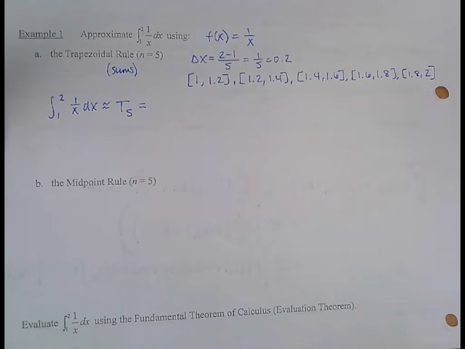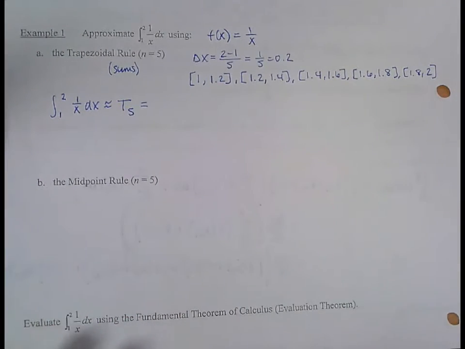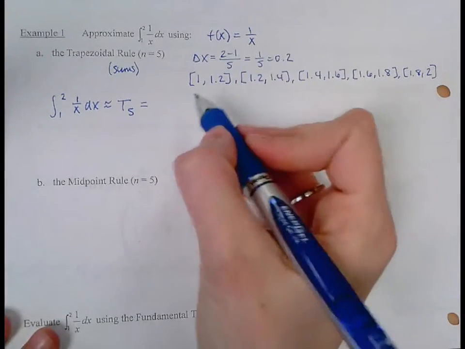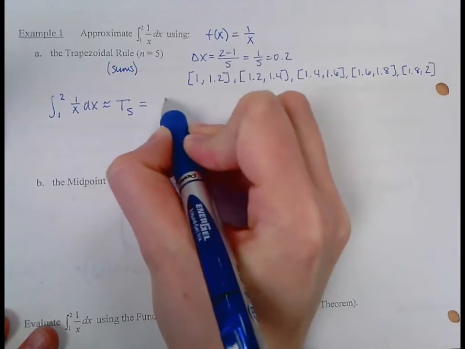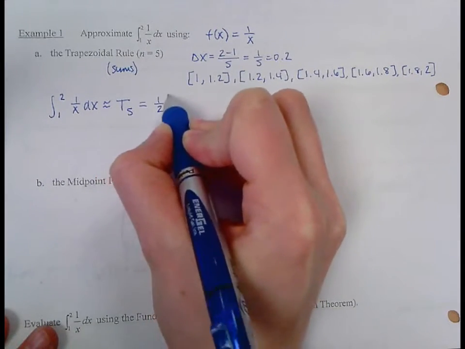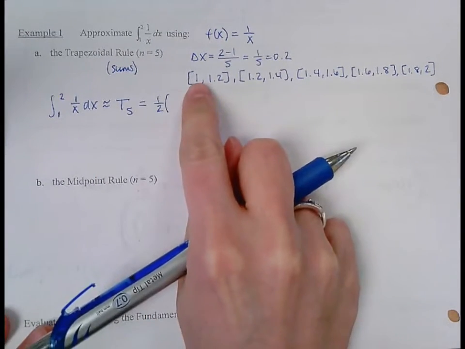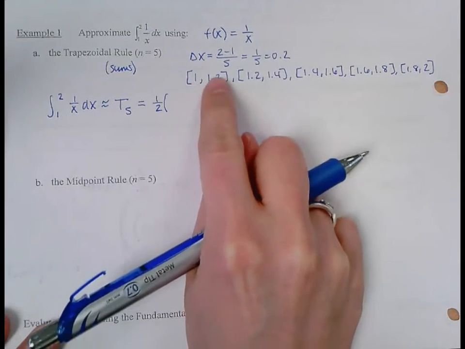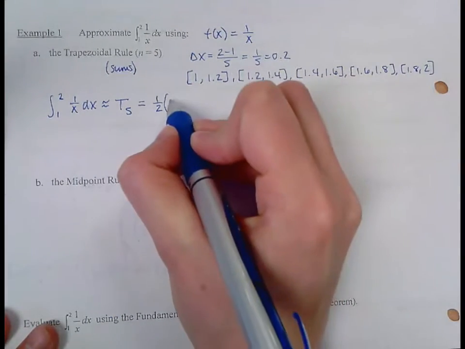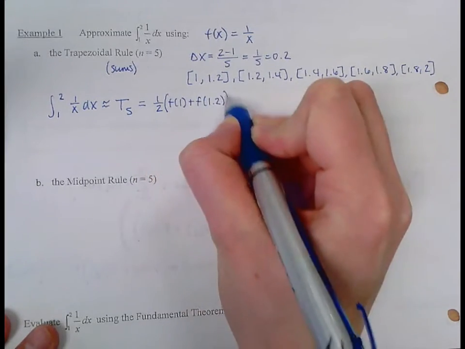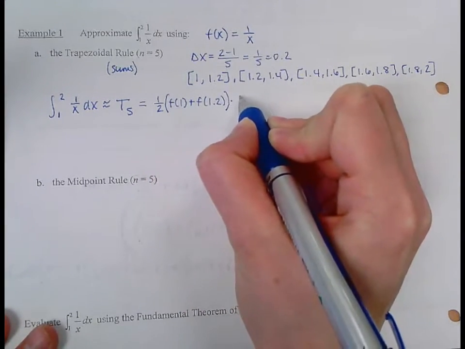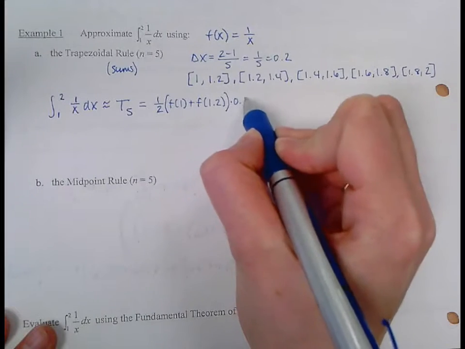Understand it, don't memorize it. The area of the first trapezoid is going to be 1/2 times the sum of the two bases, which would be f of 1 plus f of 1.2, times your delta x, which is 0.2.